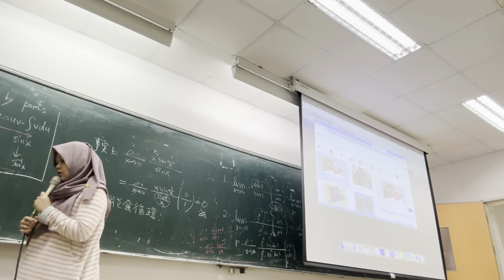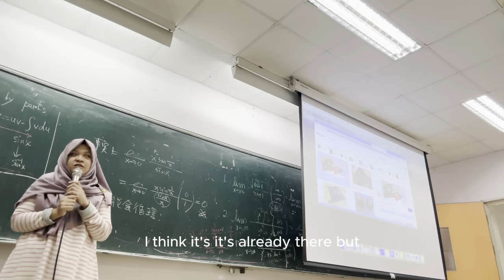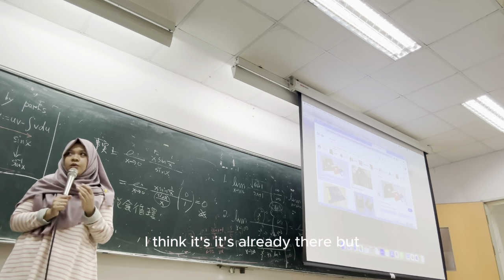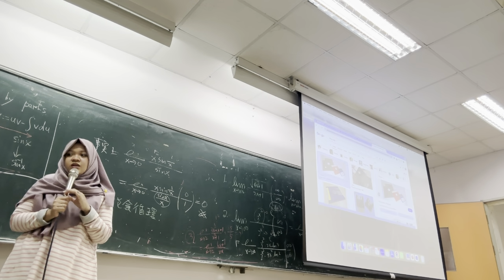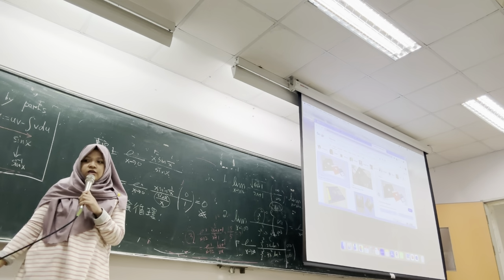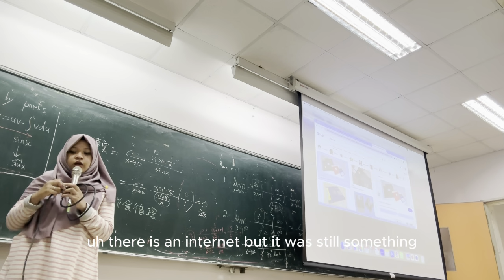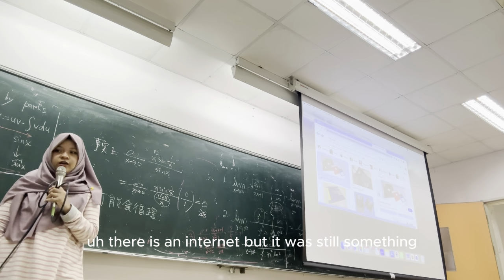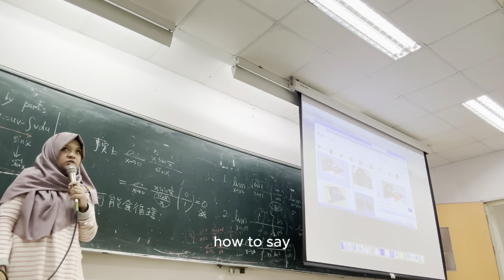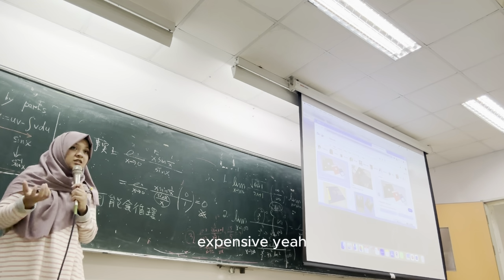So there was no cloud computing and email. I think it was already there, but we were not familiar with it. Yeah, there was the internet, but it was expensive.